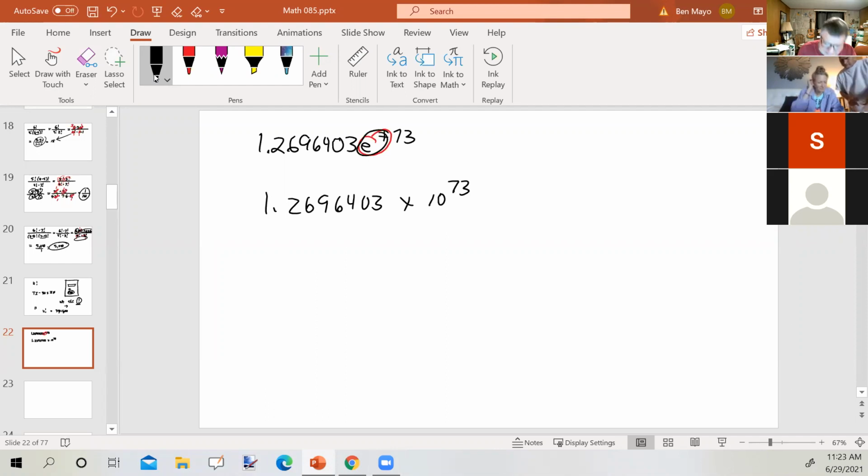So this little e, only in this context, means 10 raised to the 73rd power. There's also a number e that's 2.7 and so on, and we'll talk about that later in the quarter. But for right now, it just means 10 to the 73rd power. Any questions about that?